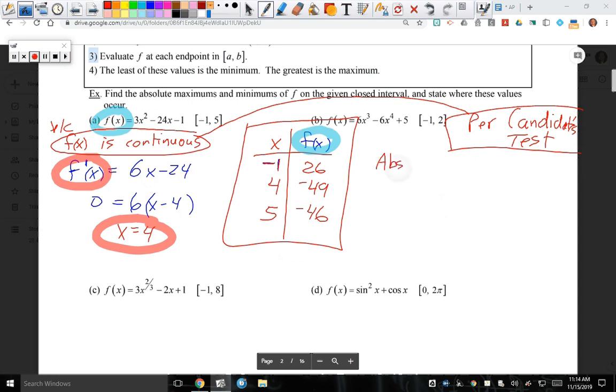The absolute max, it says find the absolute max and state where the value occurs. Okay? So what is the absolute max? 26. The absolute max equals 26.